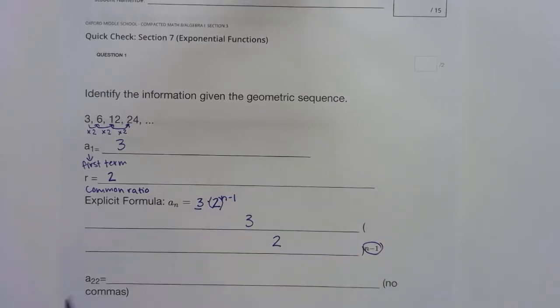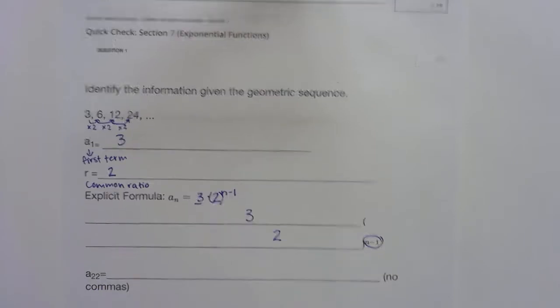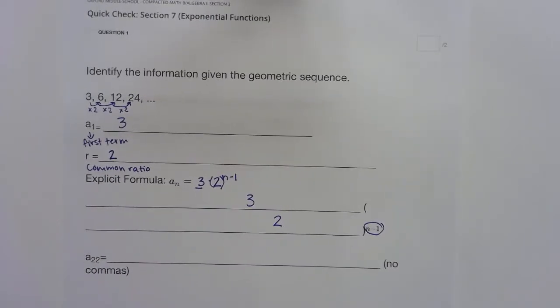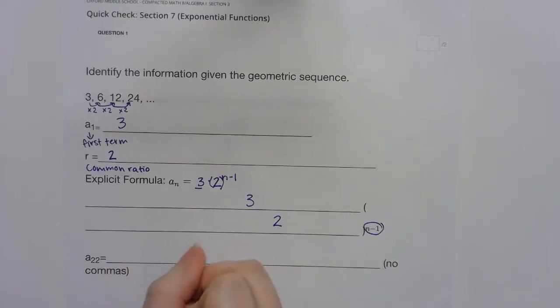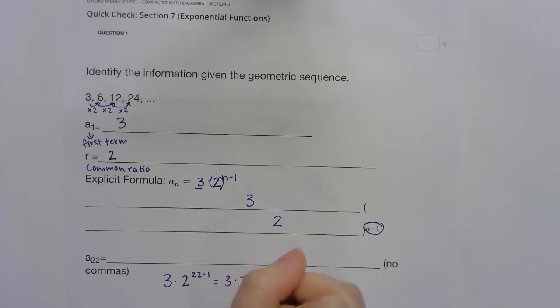We could use that to help us find a sub 22, which would be 3 times 2 to the 22 minus 1. So 3 times 2 to the 21st power. If we were to figure that out, let me grab a calculator.